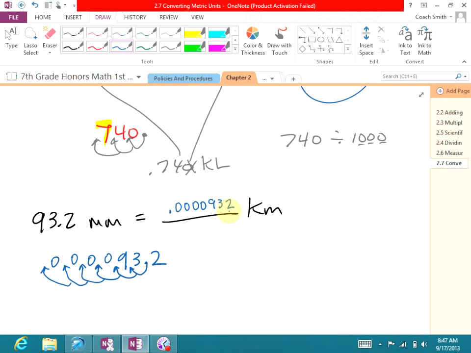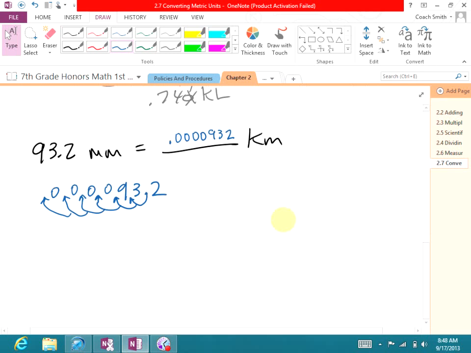All right. I want you to do this one on your own. 0.9 kilograms equals blank milligrams. Okay, that one should be fairly easy because it's just the opposite of what we just did. You're going from a larger unit of measurement to a smaller unit of measurement, so that 0.9 is going to increase.